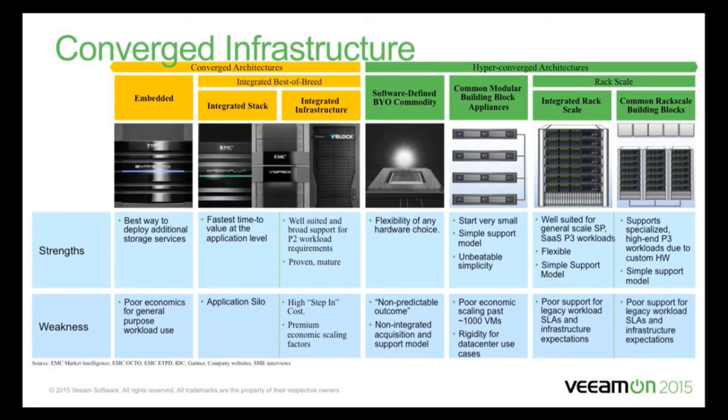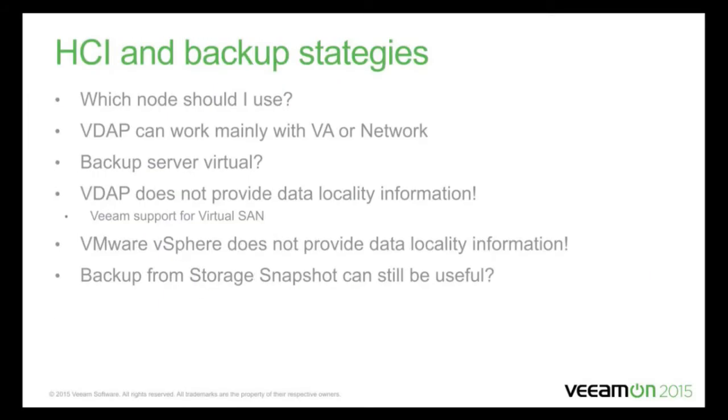But how can or should backup work with this kind of storage? Because one question can be, which kind of storage should I use? In a hyperconverged solution, data are distributed across different nodes, and usually one piece of data is replicated on more than one node.